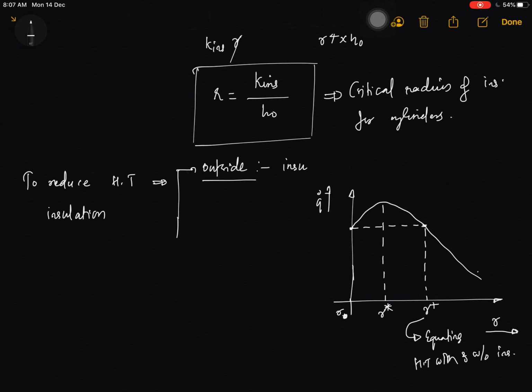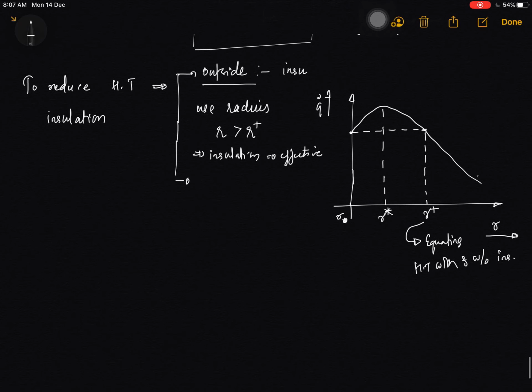So to reduce the heat transfer, we have to provide insulation outside the pipe with a radius R greater than the R plus value, then only will this insulation be effective.